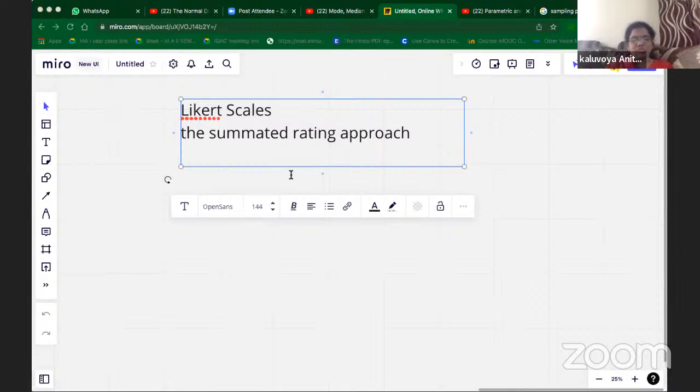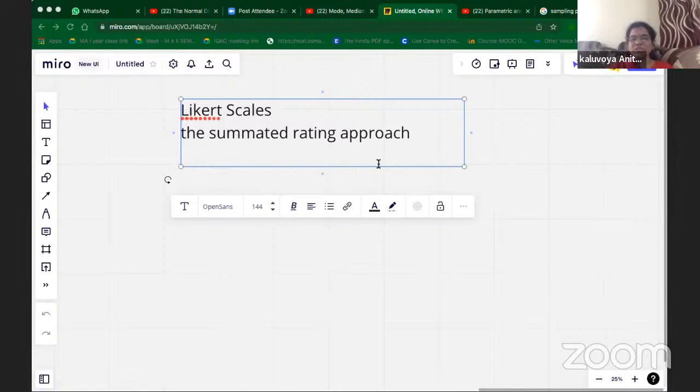What happens in a Likert scale is that you develop a number of statements with respect to a topic that you choose, and the respondents can choose from some options for those statements. So what are the options you give to them?